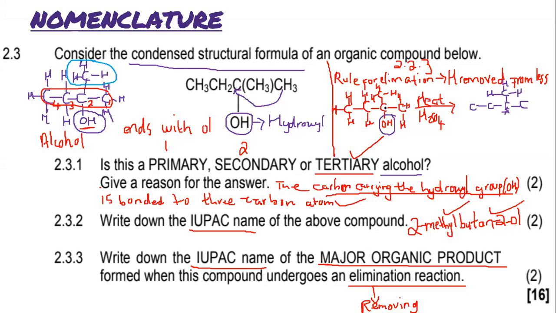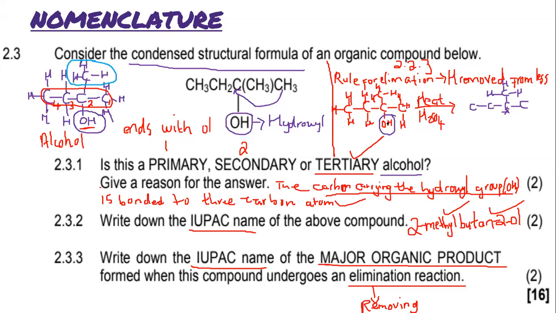Then, if I decide that the double bond must go the other side, I'll have to remove that H, which would be coming from a carbon that has 3 hydrogens. So if I bring the double bond this side, I remove the H from a carbon that had 2 hydrogens. If I bring a double bond the other side, I will have to remove the H from a carbon that had 3 hydrogens.